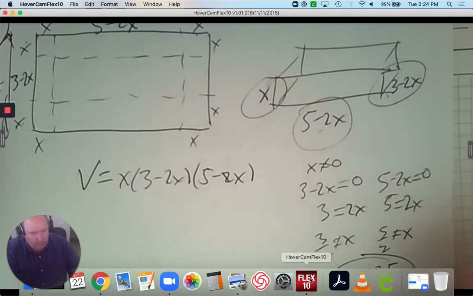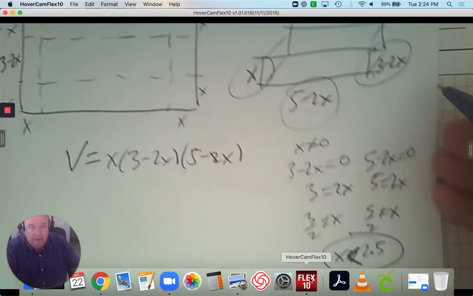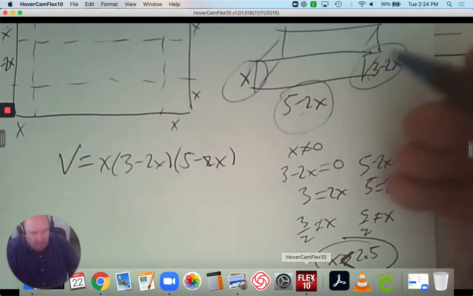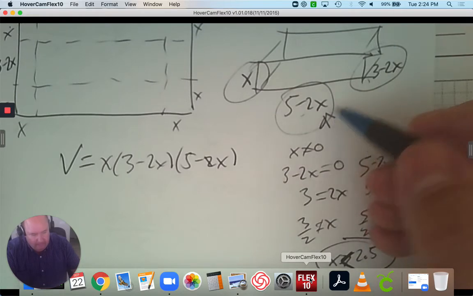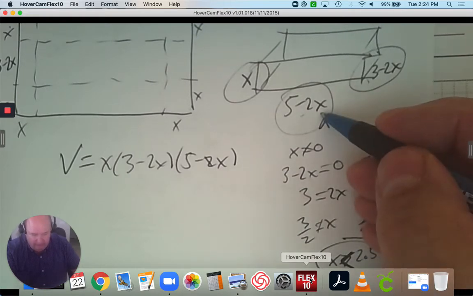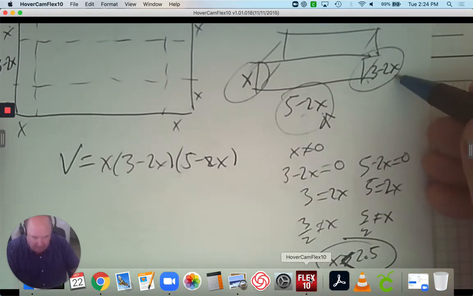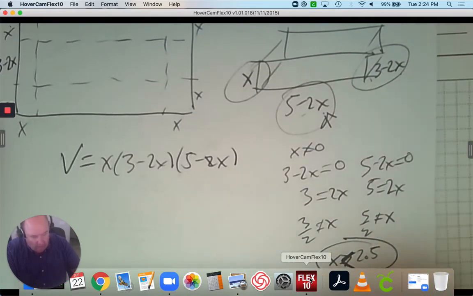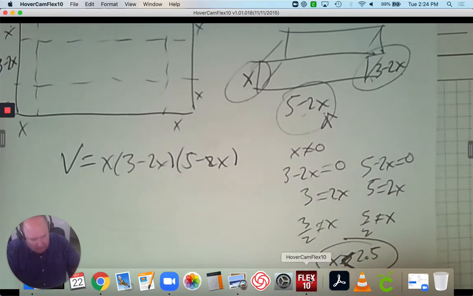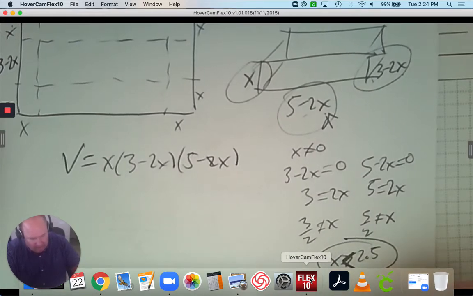Try it again. So let me reorganize my brain here. So if this was 2.5, it'd be 0, and any number bigger than 2.5 would be bad. Same thing here with 1.5. So all the answers actually have to be between 0 and 1.5.